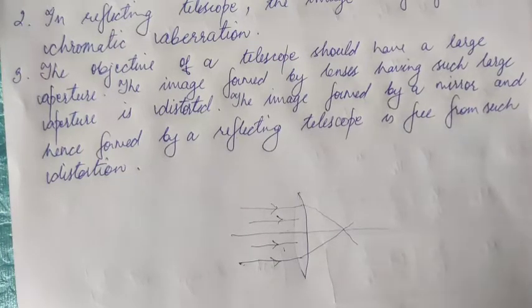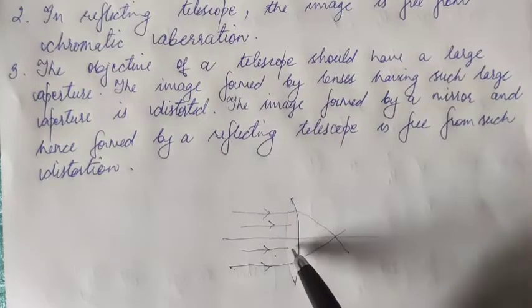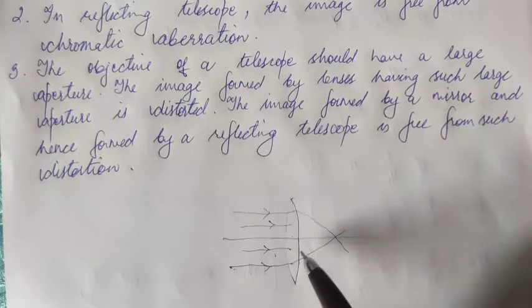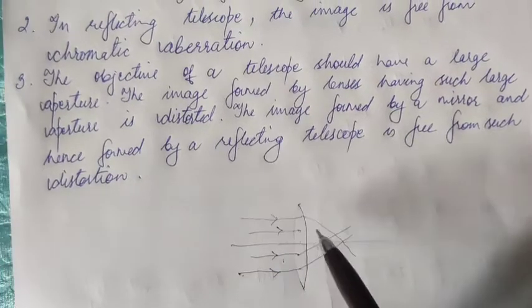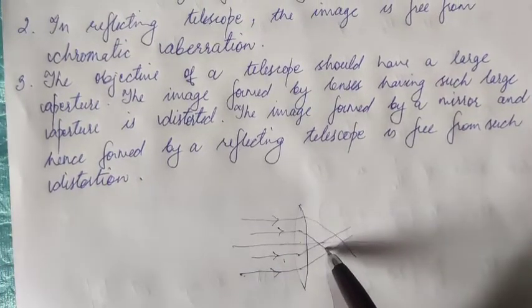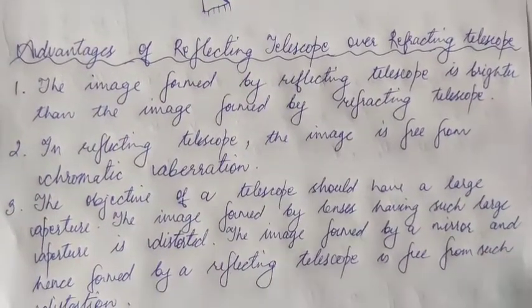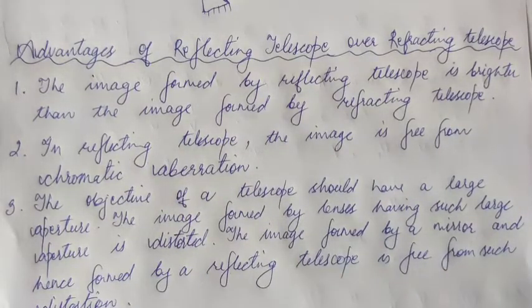But because of chromatic aberration, the refractive index being different, the focal length is also different for the given lens. So these rays of light do not converge at the same point. This is what is called chromatic aberration. Refracting telescopes will have chromatic aberration, but reflecting type telescopes are free from it.